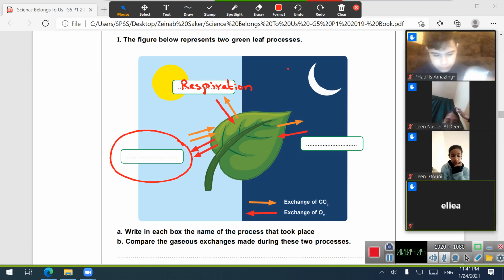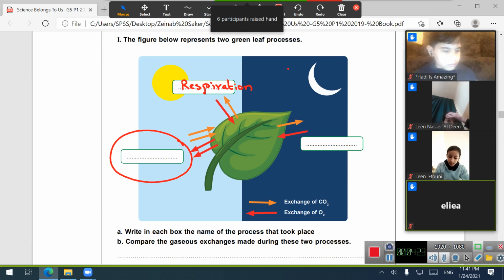Next, what is shown in the second box, where carbon dioxide is absorbed because it enters the leaf and oxygen is released out? What process are we speaking about? You can start answering.